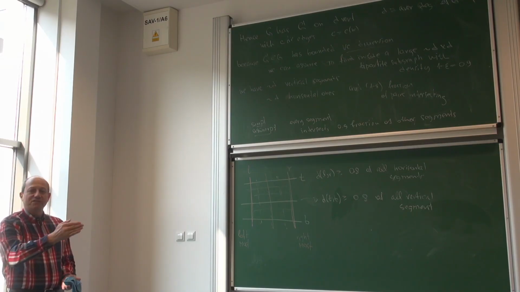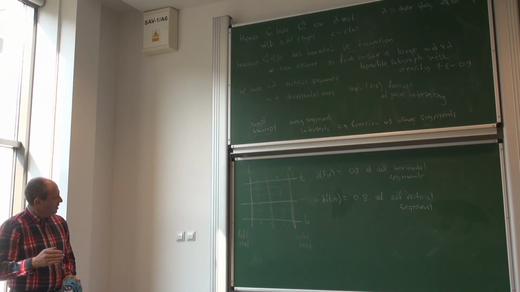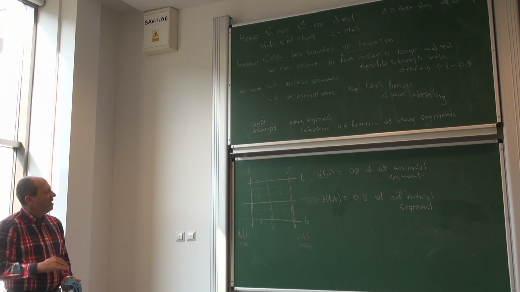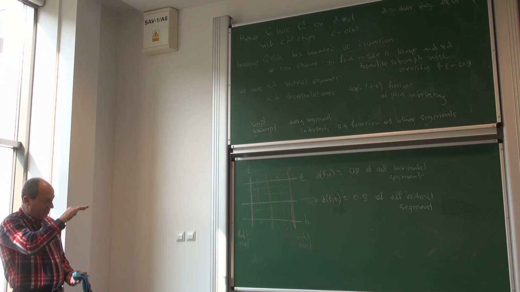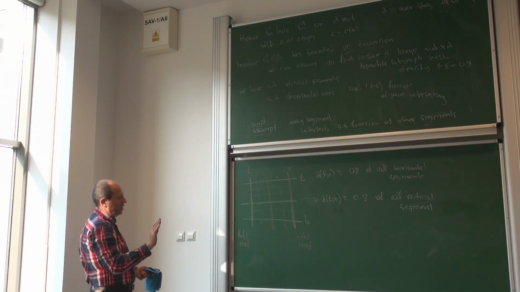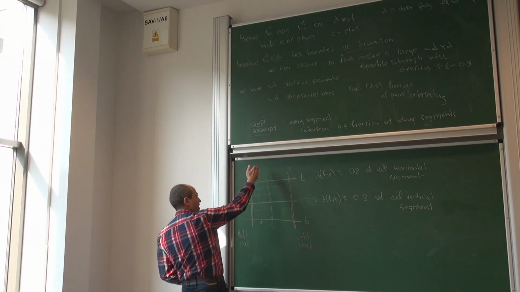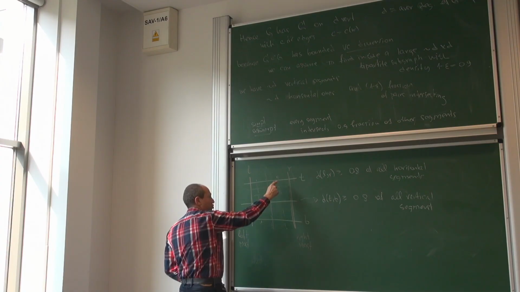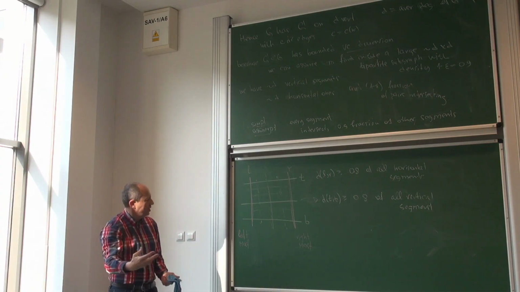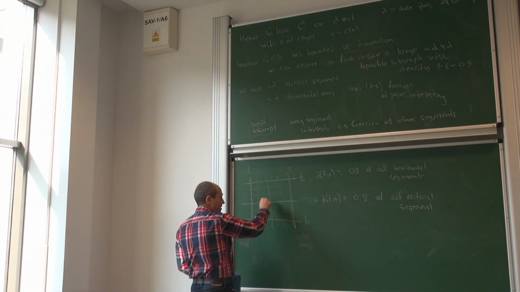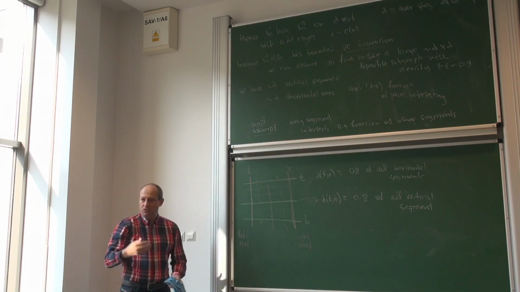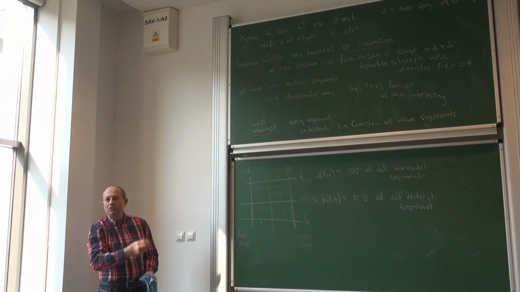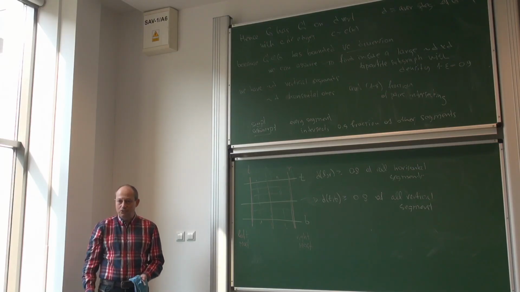So I start with left and right. I take their common neighborhoods, these green segments. Then I take top and bottom, and again take their common neighborhoods. These are vertical segments. And now every vertical segment lives here, and it should intersect top and bottom because it was in their common neighborhood. Every green segment lives between T and B, and should intersect these two red guys because it was in their common neighborhoods. And then obviously every green and every red should intersect.